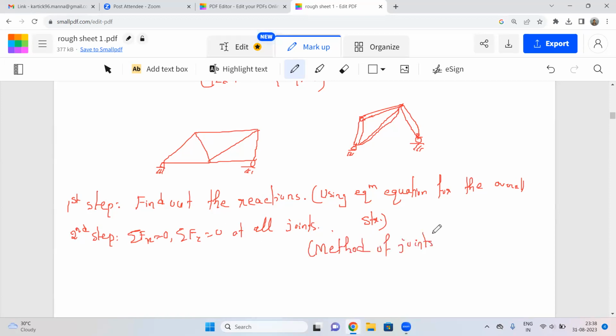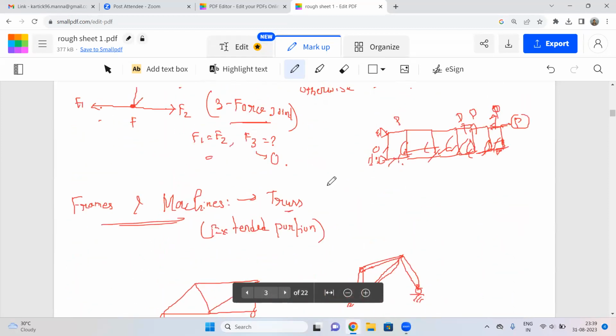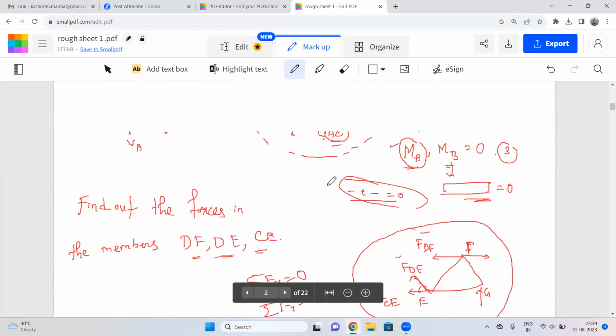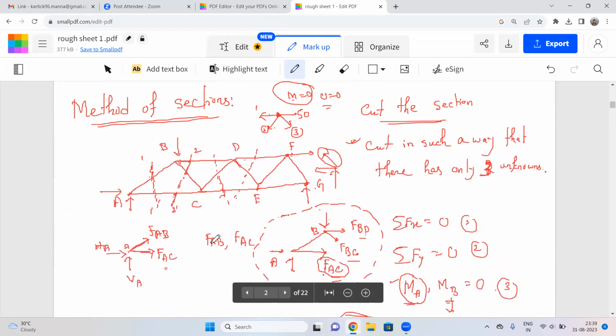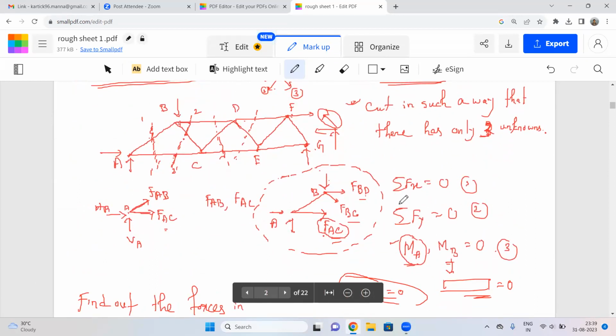And using method of section, you need to find out these three equilibrium equations at the joints. Like this one.